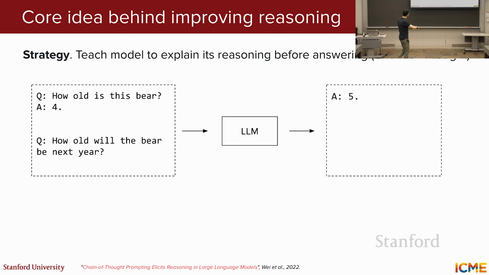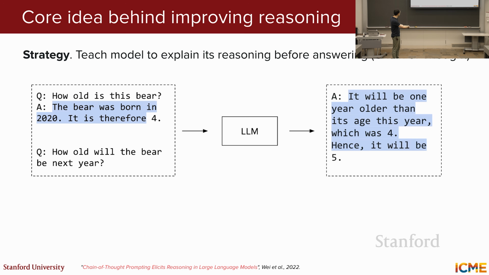Cool. And so here, we were about to illustrate what a chain of thought looked like. Instead of having, as you mentioned, just a blanket answer, what we want is to also explain the reasoning.